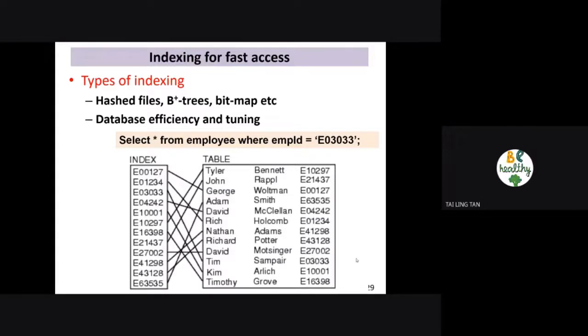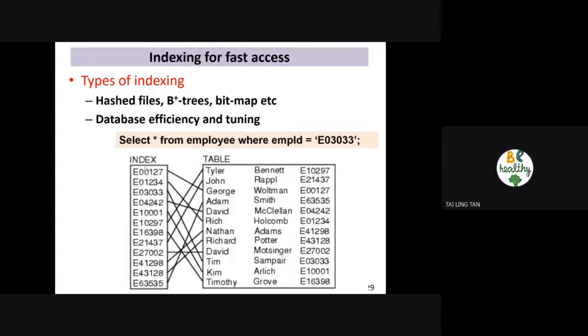The speed of searching the whole table will of course be much slower compared to searching the index, because the index is in sequence, from the smallest to the largest.